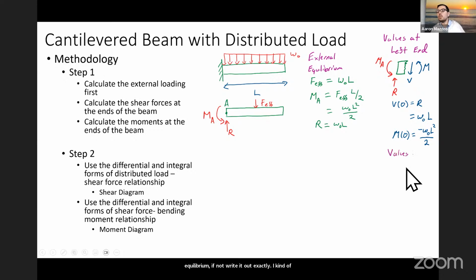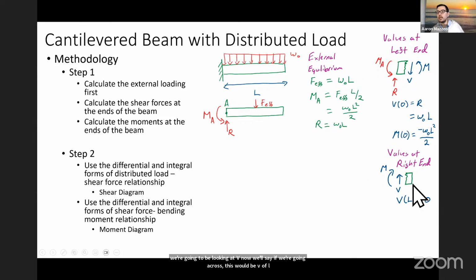Okay, I kind of jumped a step here. The values at the right end are going to be as follows. Using our convention, V and M as drawn, and we're going to be looking at V now. If we're going across, this would be V of L. And what do we see here? There's no force vertically, or transversely, better said, transverse direction to this beam here.